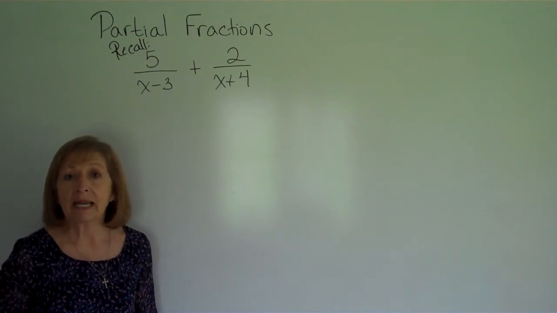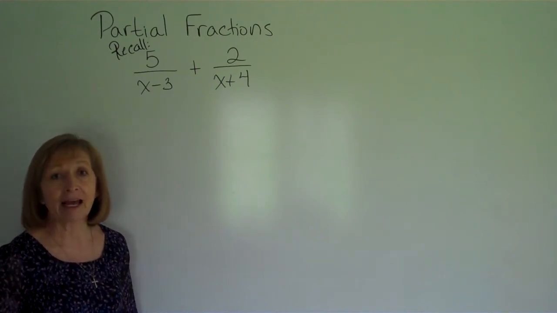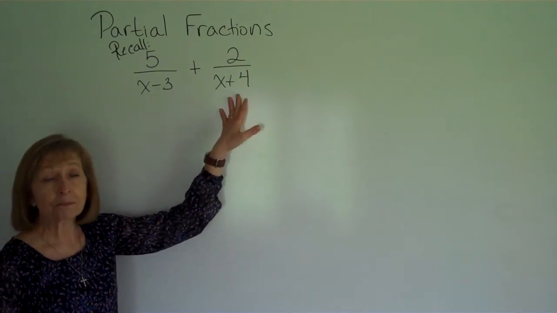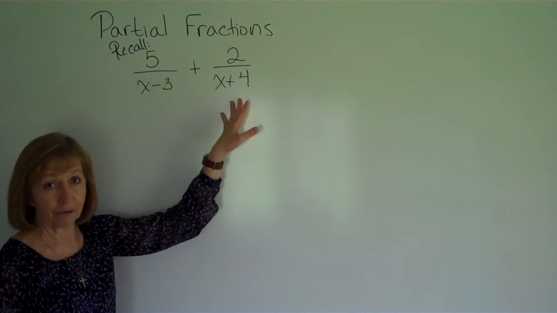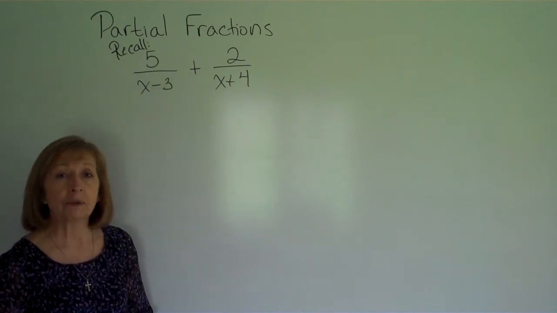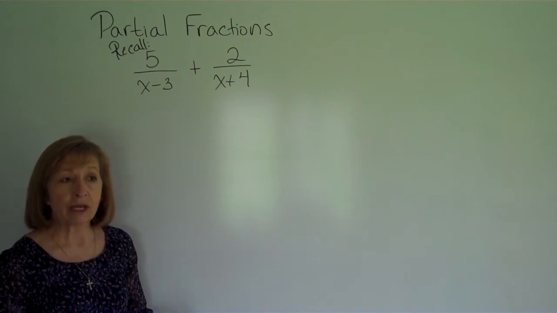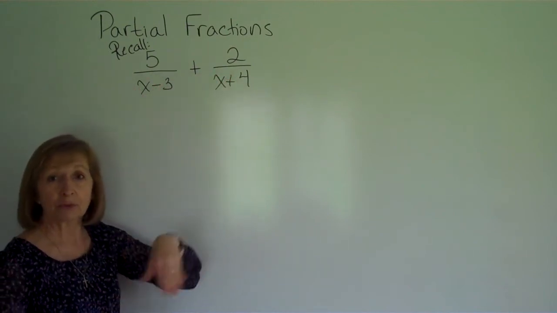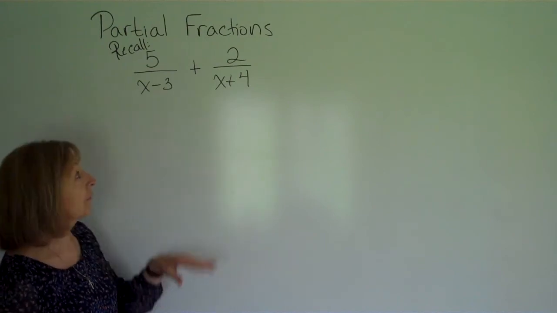Well, remember when adding fractions, we have to have common denominators. So we look at the two different denominators. They can't factor any further, and the lowest common denominator would be what we would need to build towards so that each of these denominators would divide evenly into it.